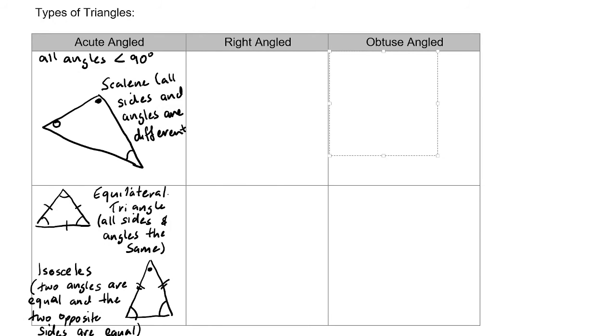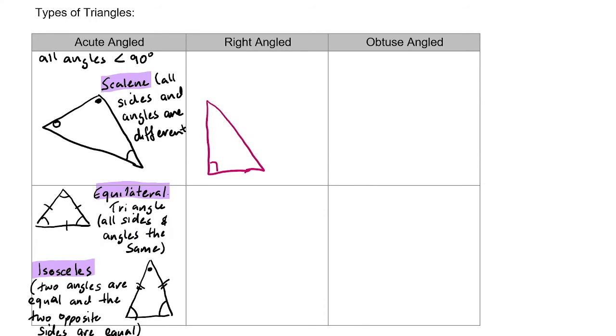So I'm just going to highlight the names of these triangles. Now we will come up against these names again, except for the equilateral, but definitely scalene and isosceles we will come up against again. So in the right angled triangles, we can have a right angled triangle that is scalene.